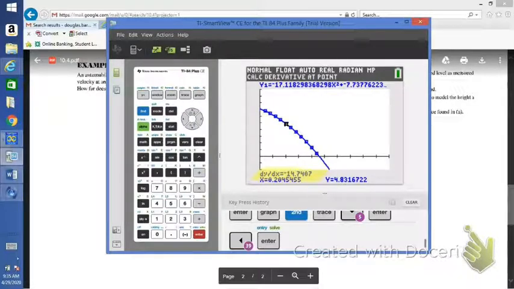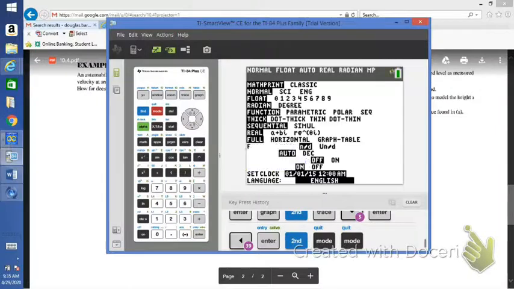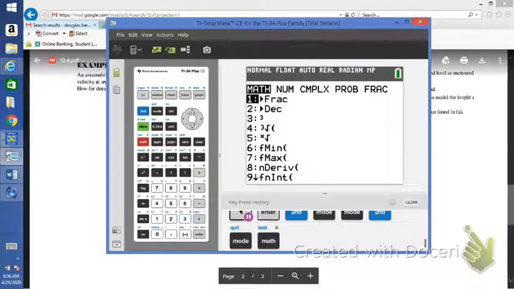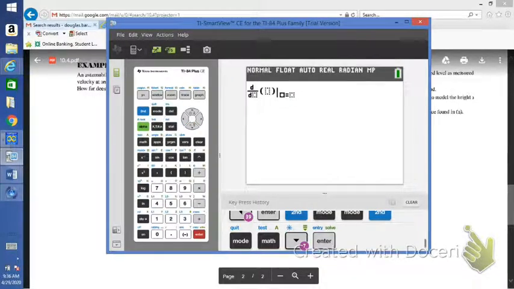What we could also do to get the exact is go ahead and use your math key. This is what we did in example 1. Scroll down to nDeriv, hit enter. Alright, so your t would have to be x. Okay, and here's where we are typing in our function. And so we have that stored already.